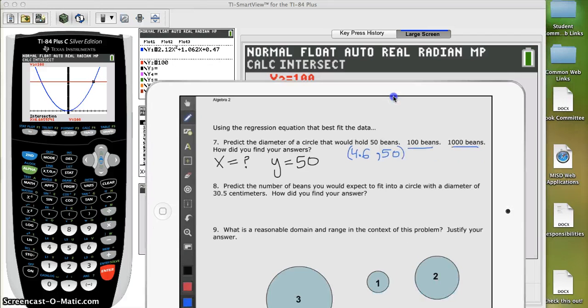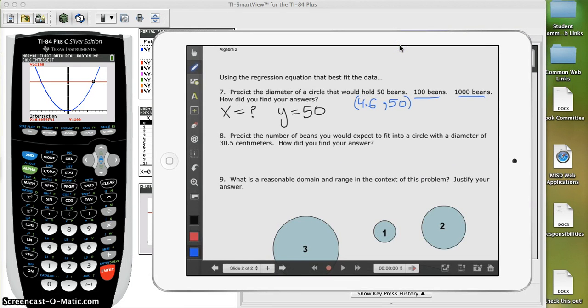So to have 100 beans, I have to have a circle of diameter 6.6. Now I do hope that you tried the 1,000, and you will see that to have 1,000 beans, you need a circle of diameter 21.4. So make sure that you do that. So this is what you do when y is given and you need to find x.